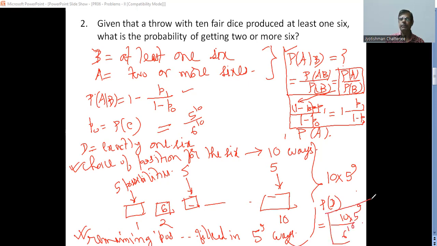Remember this. Now let's write down both and get the answer. Let me write down the same P1 here so that we can use that later: 10 into 5 to the power 9 by 6 to the power 10.